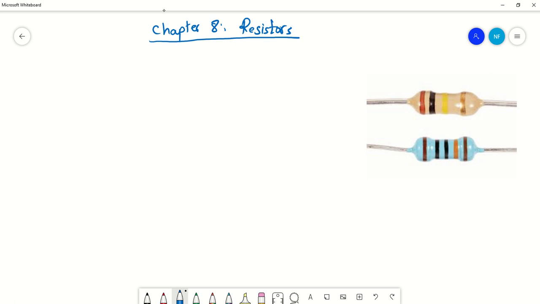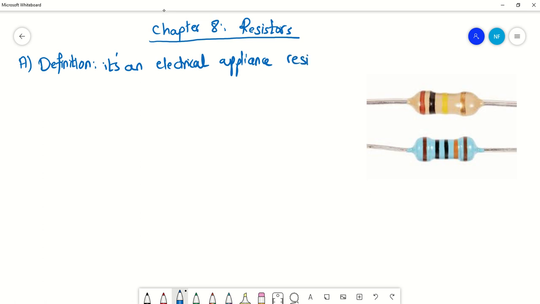First of all, part A, we will be starting with the definition of a resistor. As its name implies, it's an electrical appliance. This electrical appliance will resist the passage of electric current. What do we mean when we say resist?